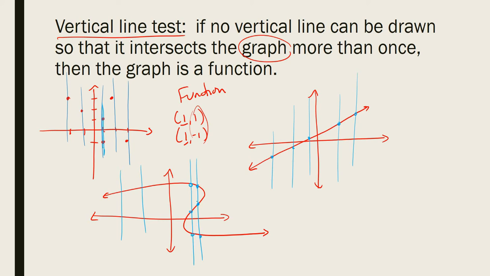In other words, they have ordered pairs where the same x value, let's say this is 3, 2, and this is 3, 4, and this is 3, negative 2. The domain value of 3 has more than one range value attached to it. If you have any questions about this, be sure you mention it so that we can talk about it at the beginning of class.